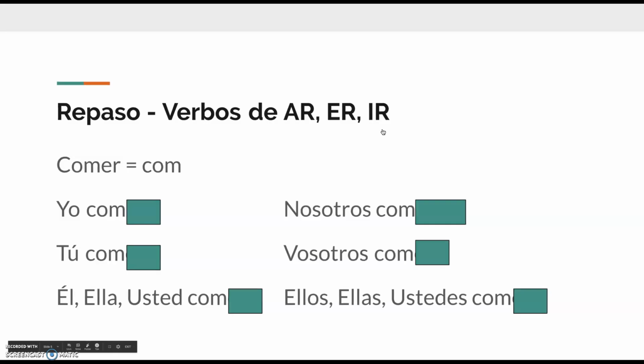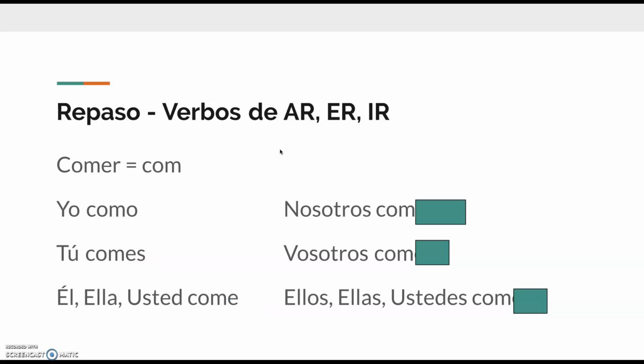Let's continue with our ER verbs. Comer, our stem, com. We have yo como, tú comes, él, ella, usted come, nosotros comemos, vosotros coméis, ellos, ellas, ustedes comen.